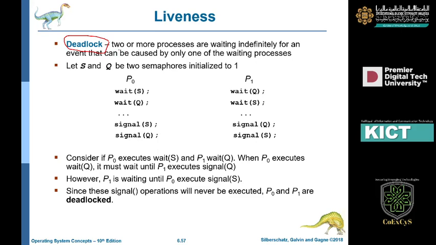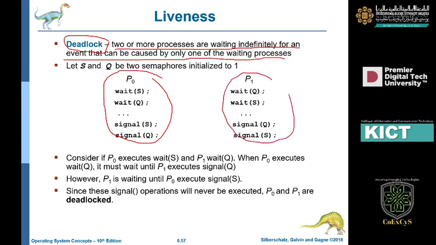A deadlock is where two or more processes are waiting indefinitely for an event that can be caused by only one of the waiting processes. So understand how these two processes can be in a deadlock. This one is waiting for that one, but at the same time that one is waiting for this one, so they are waiting on each other.